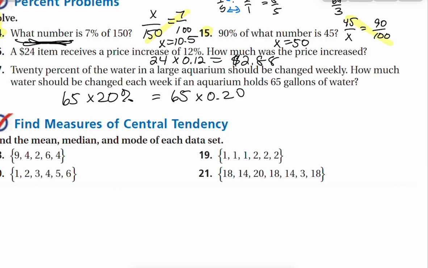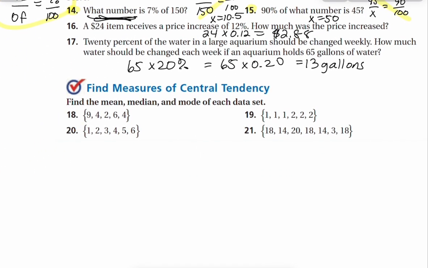I think it's 13, but let's just check. 65 times 0.20, yeah, it's 13. So it's 13 gallons that you would have to change weekly, okay?